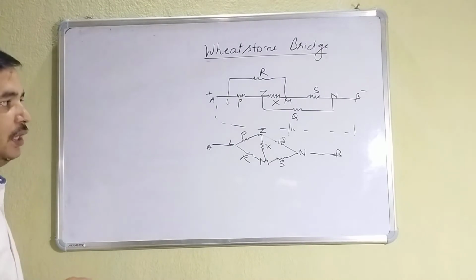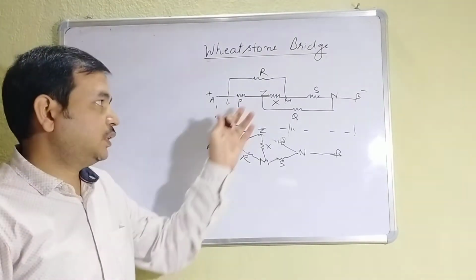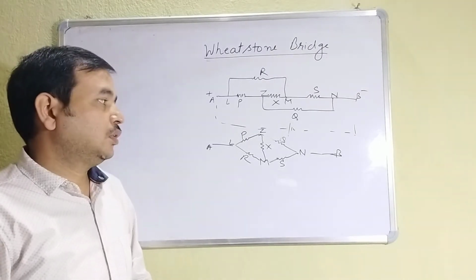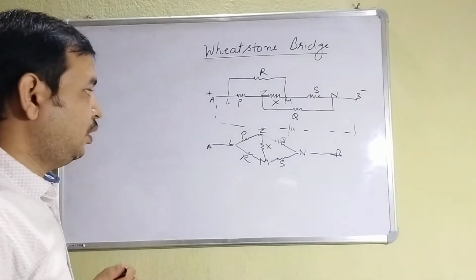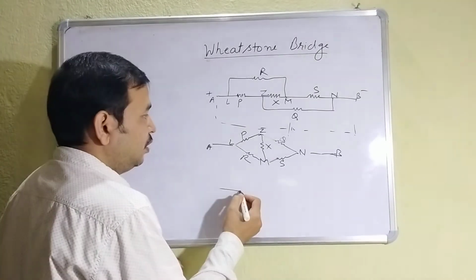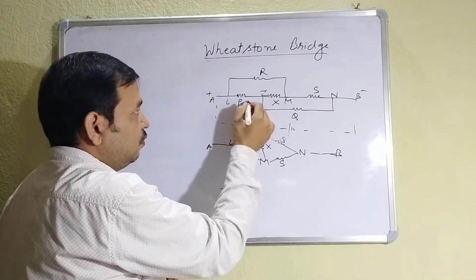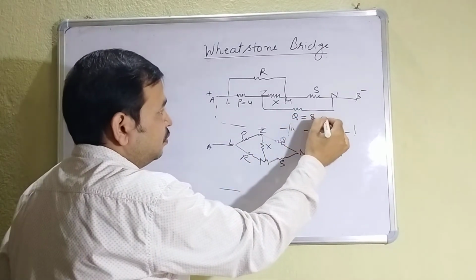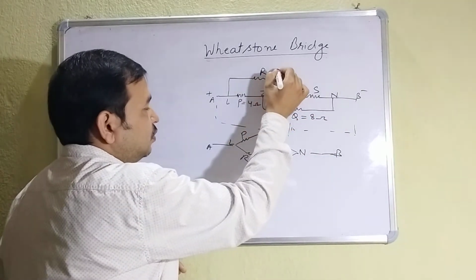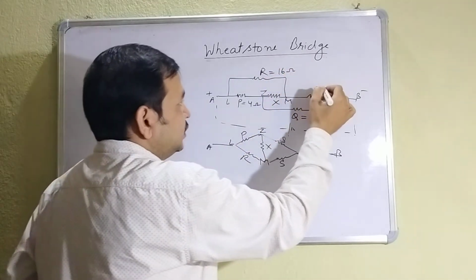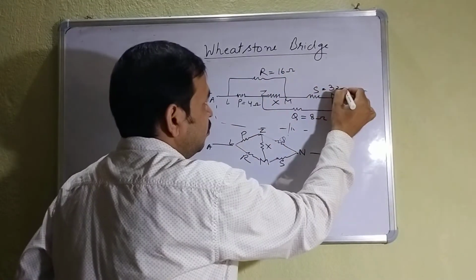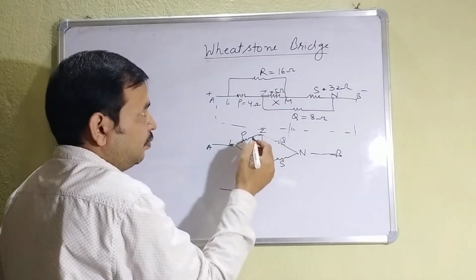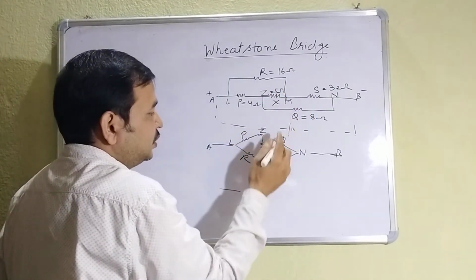So you can see, students, that we have drawn the equivalent circuit for this, and of course this is a Wheatstone bridge. Clear? Now, if in the question it is given that P is equal to 4, Q is equal to 8 ohm, R is equal to 16 ohm, S is equal to 32 ohm, and sorry, this X is equal to 5 ohm.